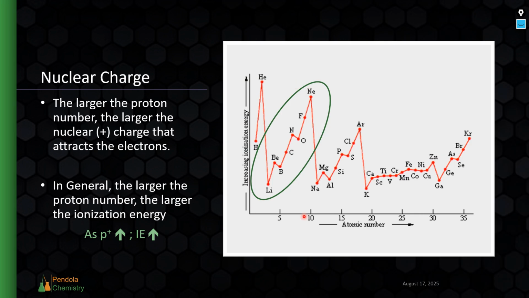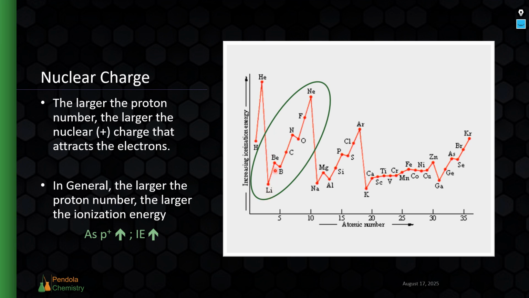If we look at the ionization energy for that group, we'll notice, other than a few exceptions, which we'll talk about later, that in general, the first ionization energy for these elements increases from lithium to neon. And that's because they have more protons.